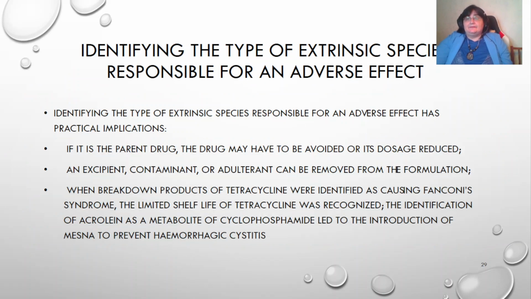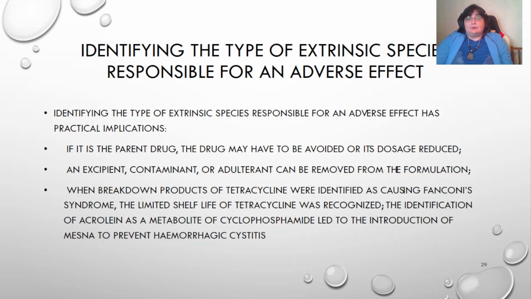Identify the type of extrinsic species responsible for an adverse effect. Identifying the type of extrinsic species responsible for an adverse effect has practical implications. If it's the parent drug, the drug may have to be avoided or its dosage reduced. An excipient, contaminant, or adulterant can be removed from the formulation.